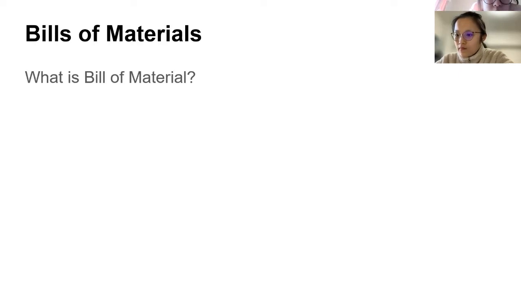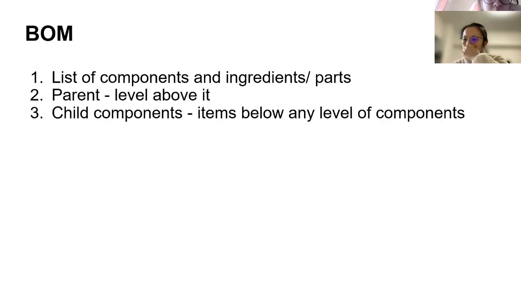Rice, fish. Yes, it's the ingredients for the end product. If I want to make a car, the ingredients are the tires, the seats, the carpets, the steering. So all products will have a list of components and ingredients.